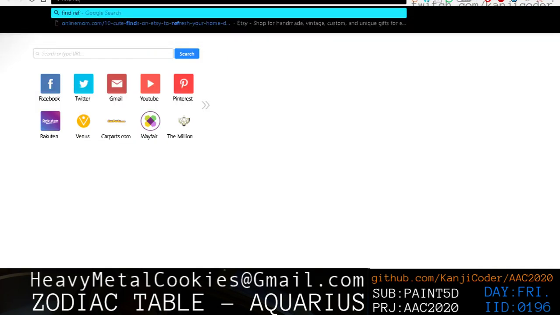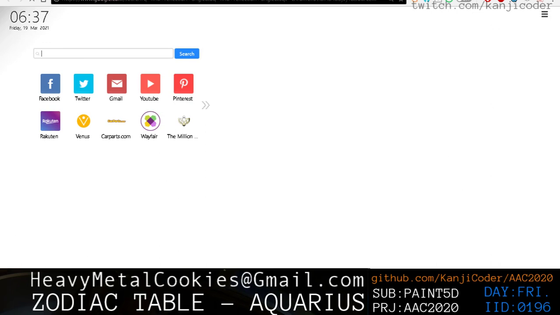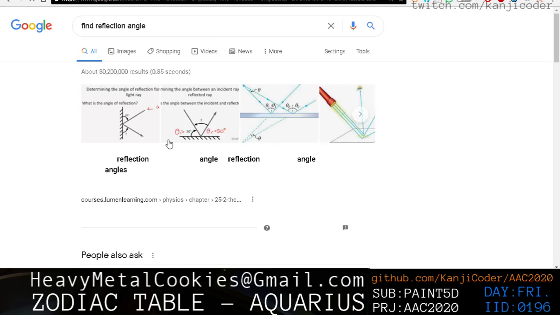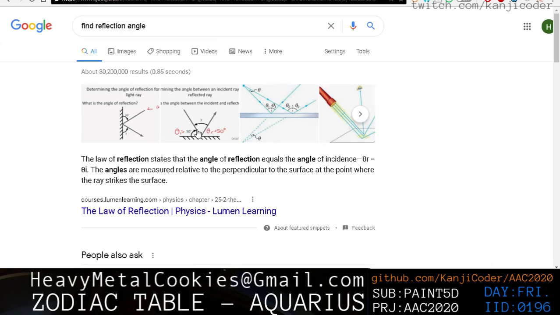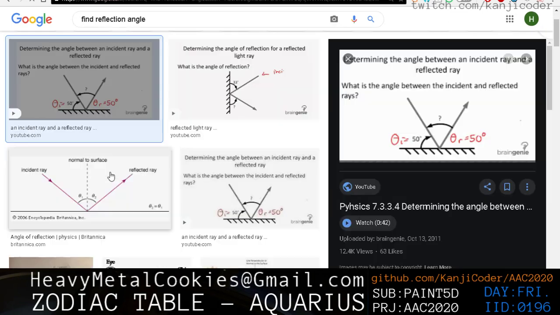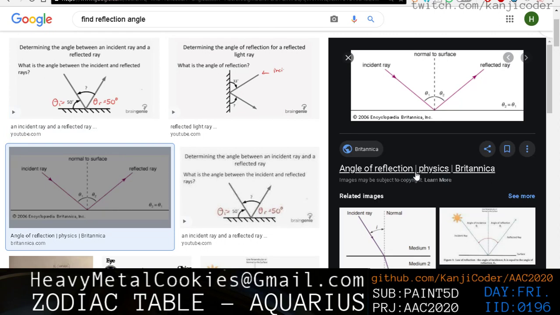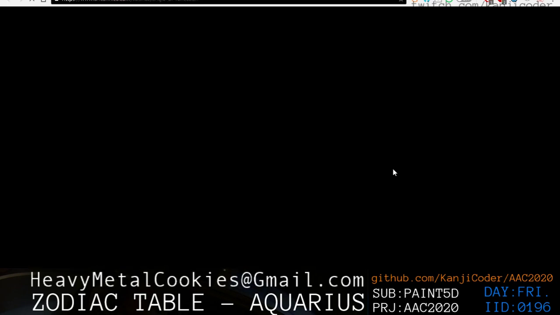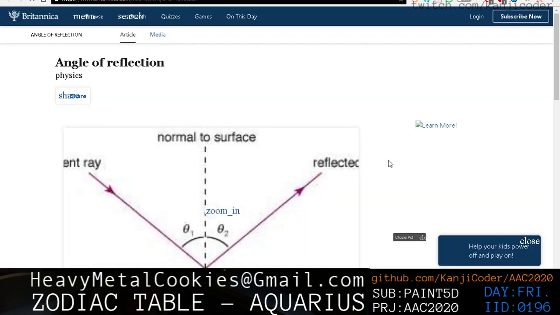Find reflection angle. So how do we calculate a reflection angle? We know the surface. If we know the surface normal, incident ray, reflected ray. So let's look at this. Angle of reflection in physics.